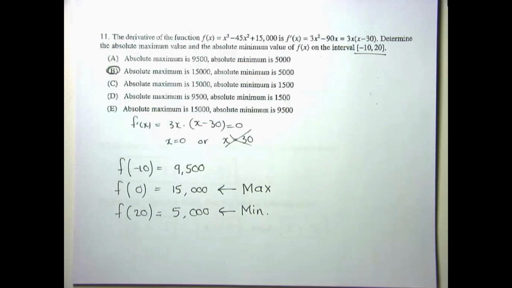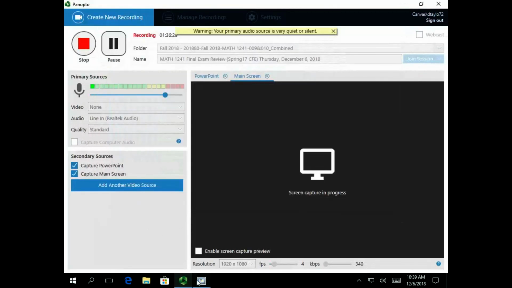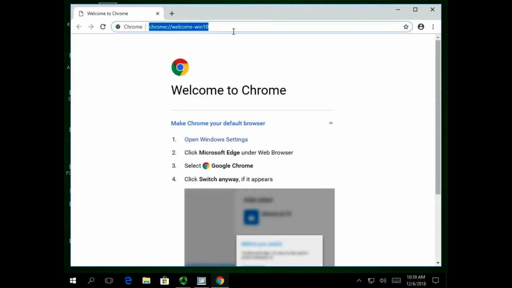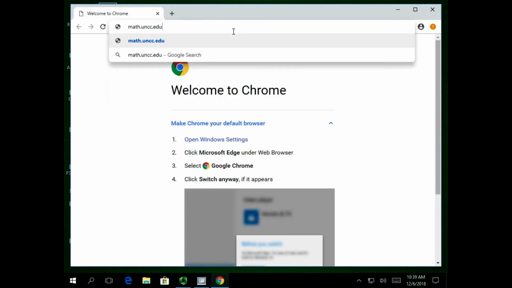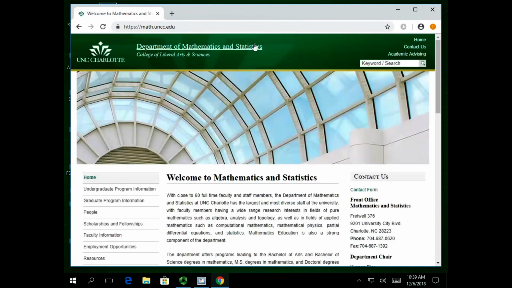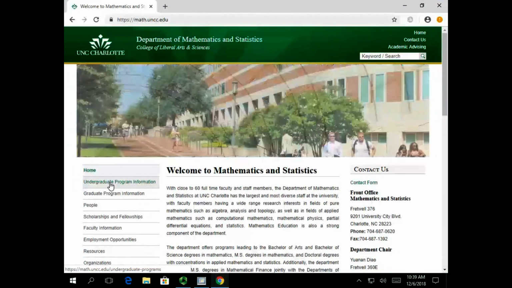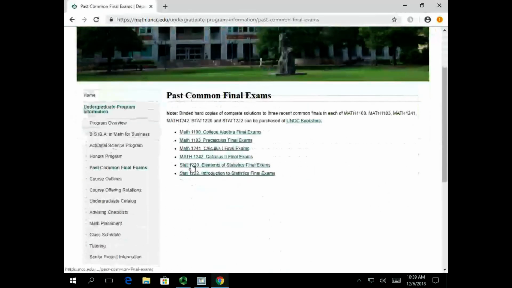All right, so if you guys would like some more practice problems, you can go to the math department's website, which is math.uncc.edu. You guys are undergraduate students, so go to undergraduate program information. If you scroll down, one of the items will be past common final exams. Choose your class.